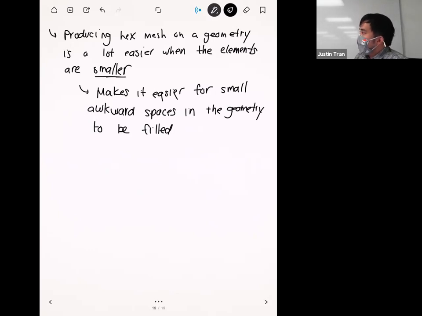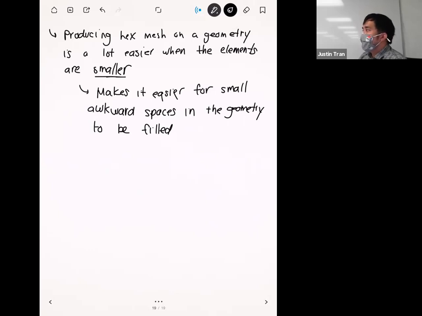Because in theory, if you refine the elements enough, you should be able to put a hexahedral mesh on almost any geometry, right? And so in the extreme case, you can refine your elements to basically be the size of sand, right? And so you can fill any container with sand, right? And so in theory, you can make it small enough to fit. But then again, this is speaking from someone who has no idea how a hexahedral meshing algorithm works. And so there might be other reasons why you're not able to do that, even with the really refined element size.